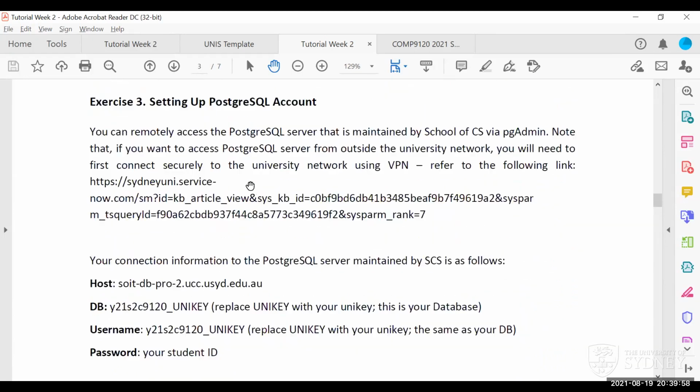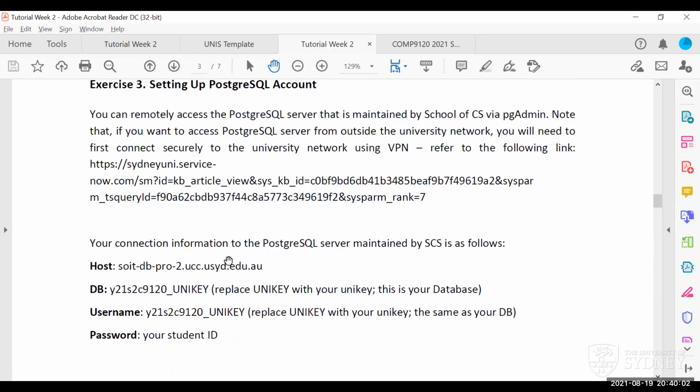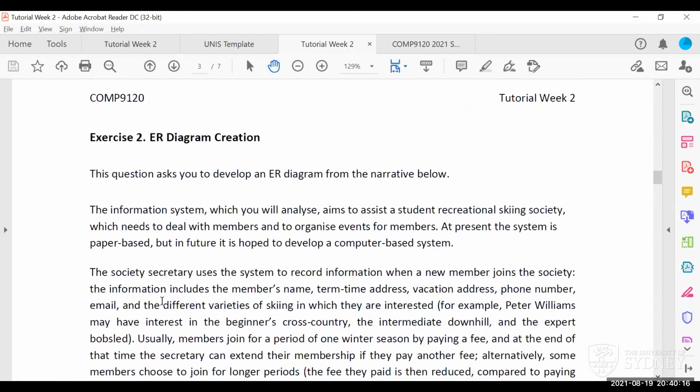That's exercise 3, where all of you should already be set up with a database name and your username as well. We will use your account to connect to the university's PostgreSQL database. That's what we will do in the third exercise. But before that, let's spend 15 minutes on exercise 2, and then the last 5 minutes we'll do exercise 3.